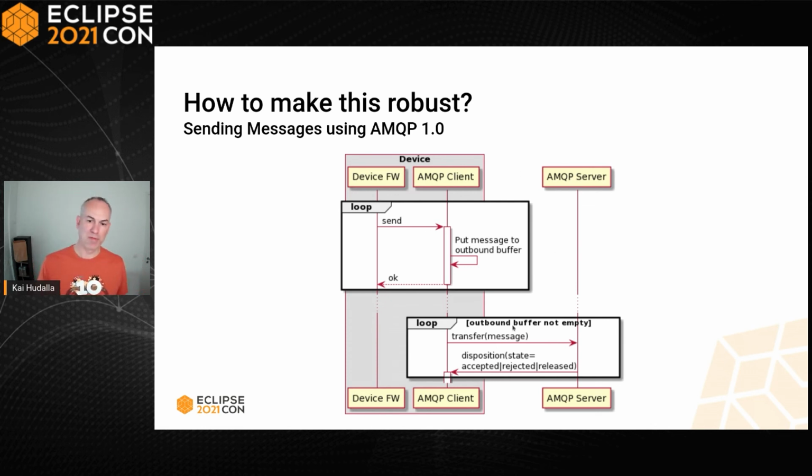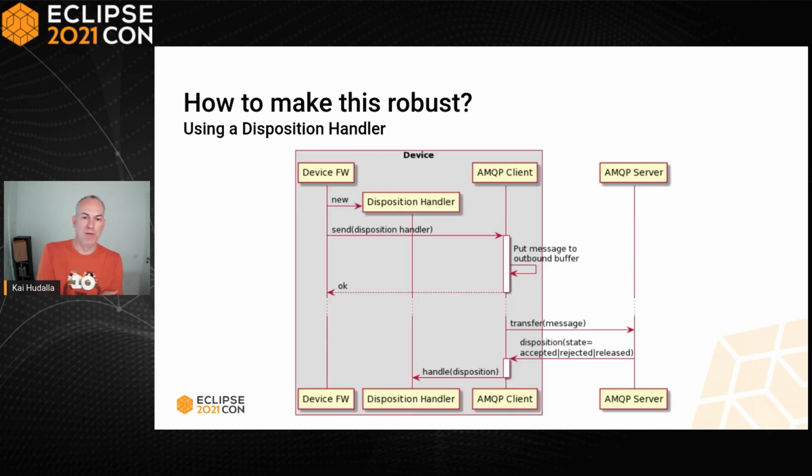The problem with this is that, as you can see in the sequence diagram, the original send operation is now completely decoupled from the actual transfer. So your application layer code does not really know if the transfer has succeeded or not. What you can do, at least in AMQP, and also in other libraries, is register a disposition handler.